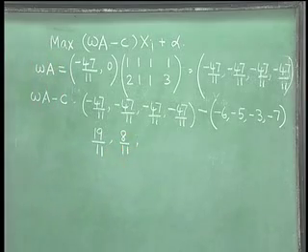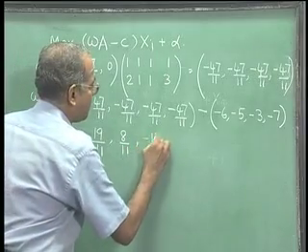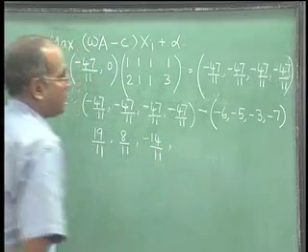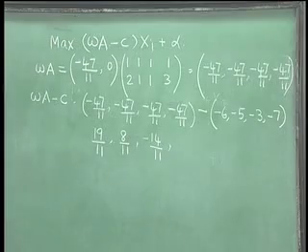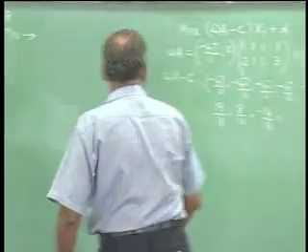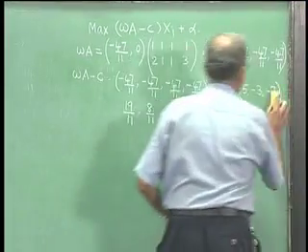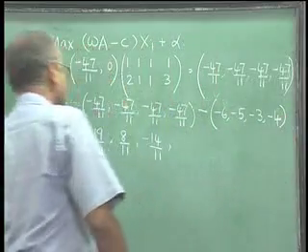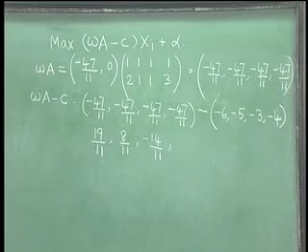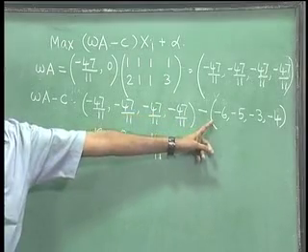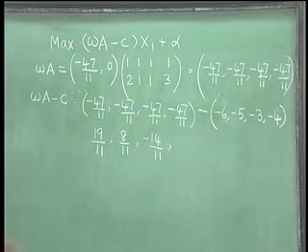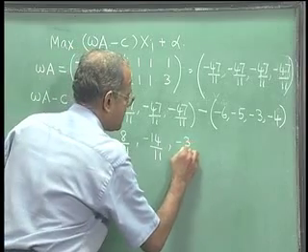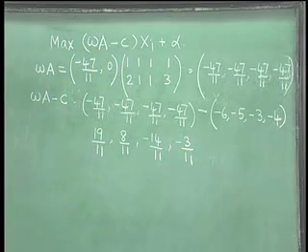That is 3 minus 47 by 11, which is minus 14 by 11, and 4 minus 47 by 11 is minus 3 by 11. The C values are minus 6, minus 5, minus 3 and minus 4.